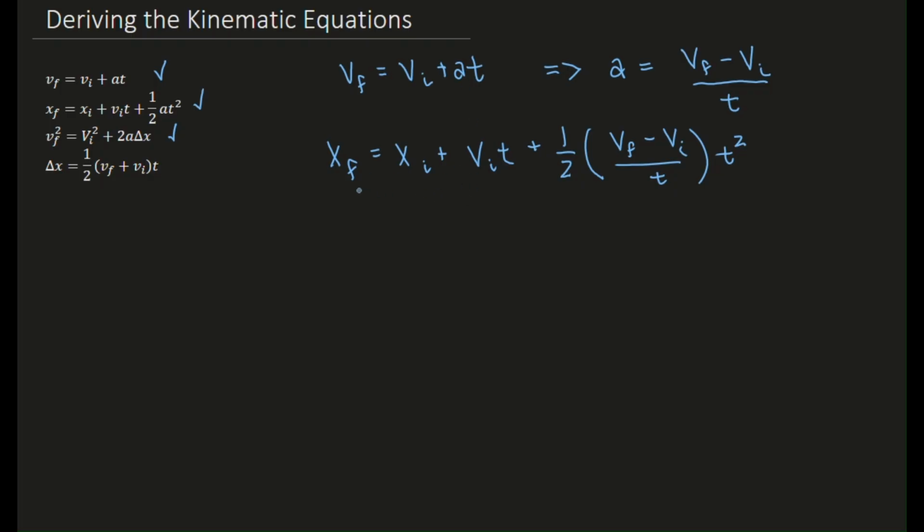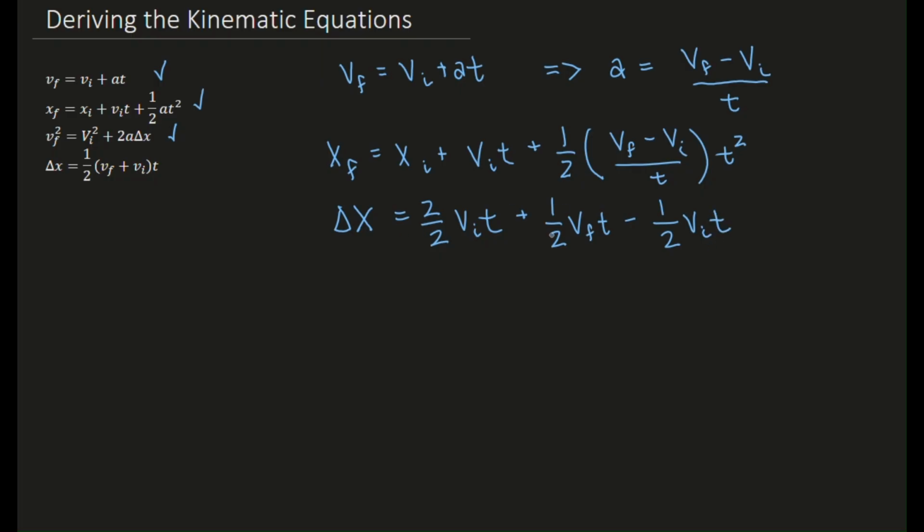And if I do some simplification, I can get change in position equaling, and I'm going to write this as 2 over 2, my initial velocity times time, plus 1 over 2 final velocity times time, minus 1 over 2 initial velocity times time.